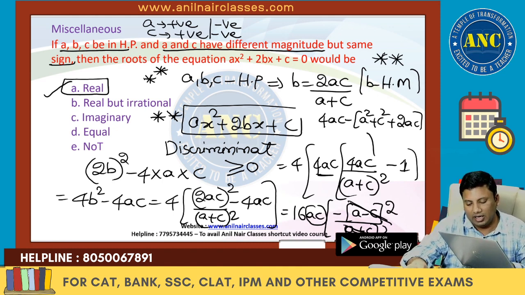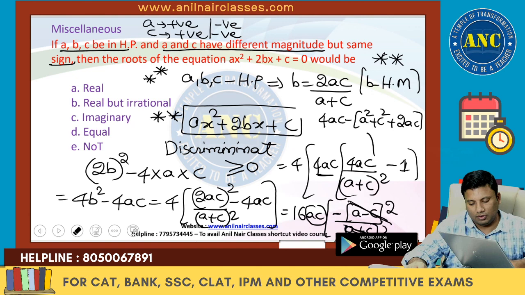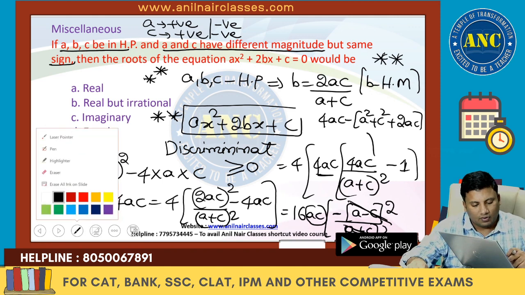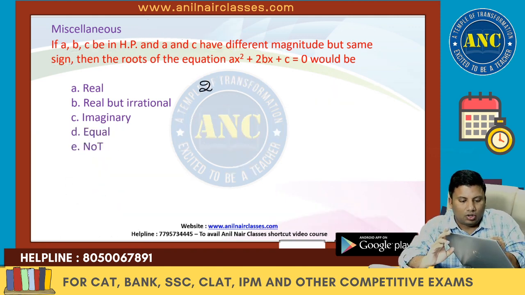Now, one minute, sir. I think there is a minus sign before, right? One minute. There is a minus sign before. Let us do this again. This is nothing but (2b) whole square minus 4ac.